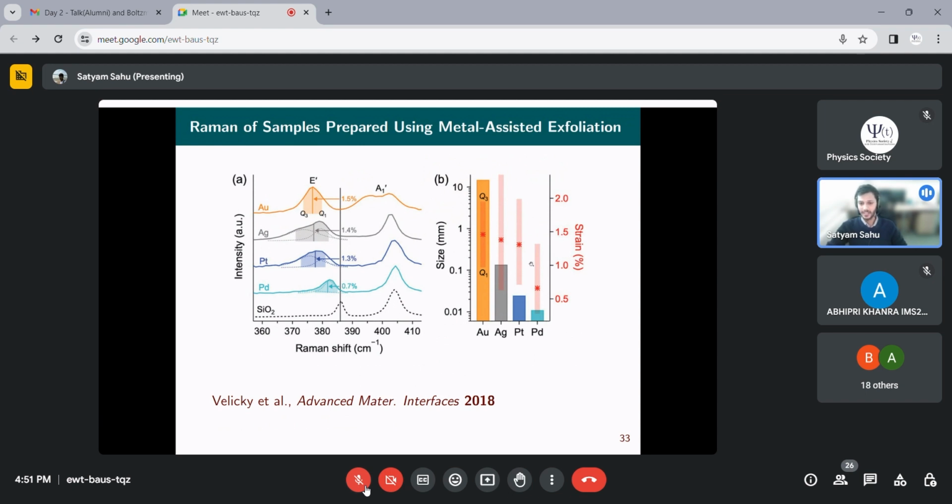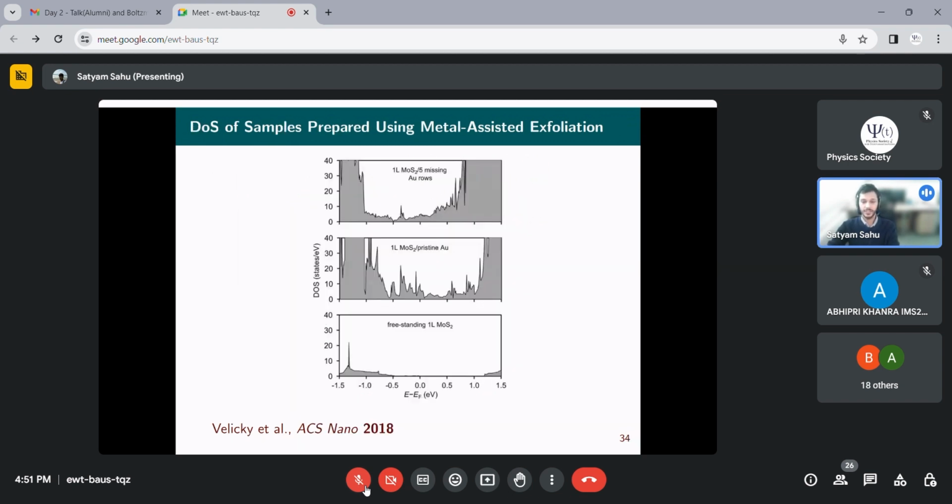Here we also compare the sizes and the strain for the different metals, and we see that the yields are again very low for palladium and platinum, but for silver and gold they are a bit better.